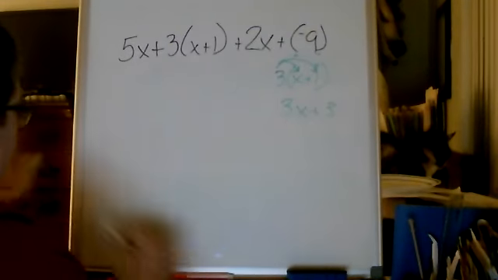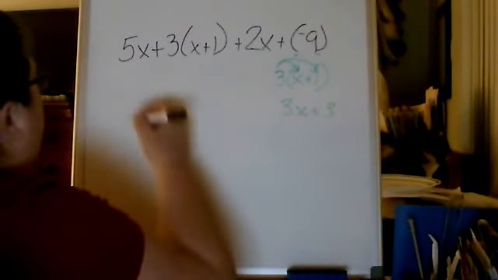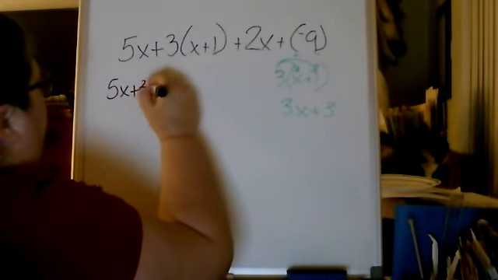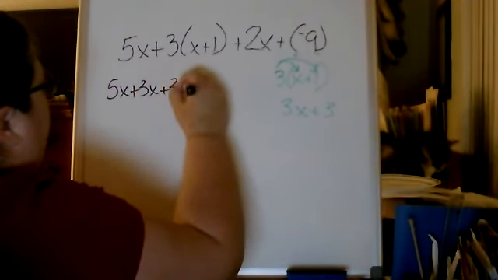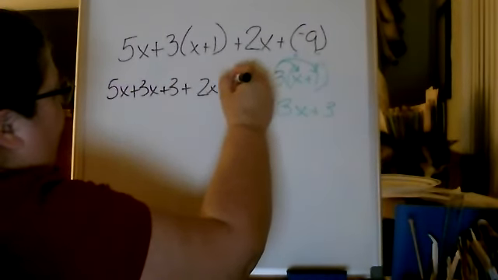So we're going to take that and stick that right in that number. So now it's going to be 5x plus 3x plus 3 plus 2x plus, and I'll do it right now, negative 9.